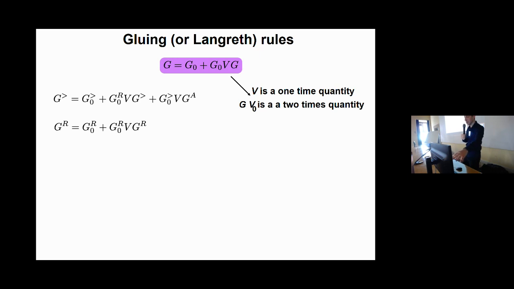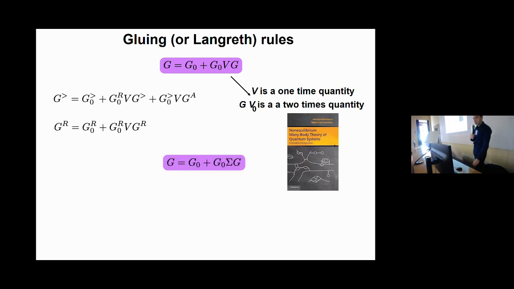And here I rewrite simply the equations I have already shown you before. If you want to write the Dyson equation for the greater Green's function, that's what it means. And for the retarded Green's function, that's what it means. Now, these gluing rules, for some reason, are applied by a lot of people. They are derived also by a lot of people. But the first time a student wants to learn about these gluing rules, it's very hard to have access to the derivation, because all these people using these gluing rules keep the derivation jealously in their drawers.